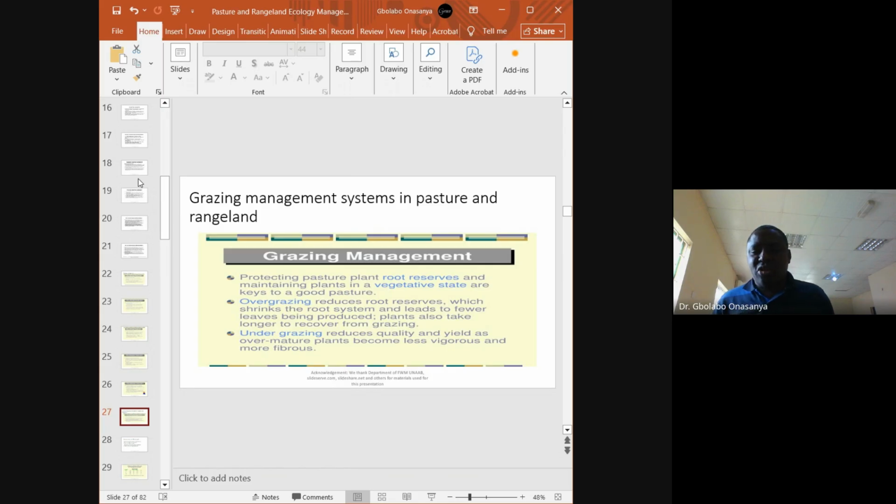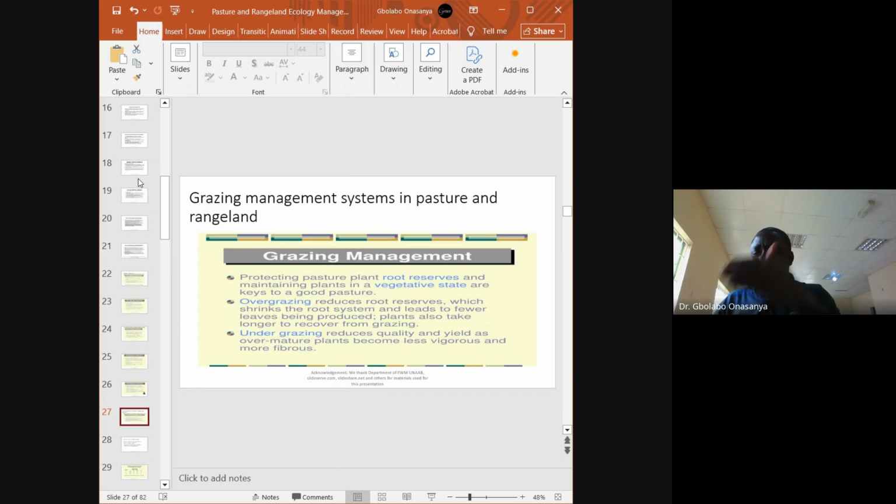We must apply the appropriate grazing system at the appropriate time. When you're supposed to do rotational grazing and you are doing continuous grazing, you will have a problem, because continuous grazing involves exhaustion.